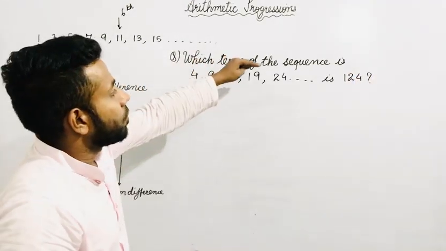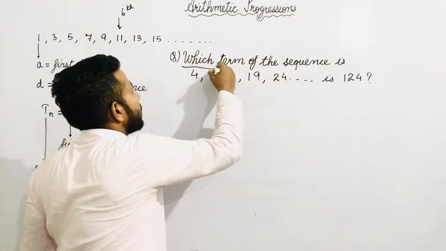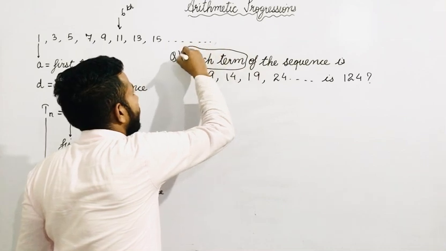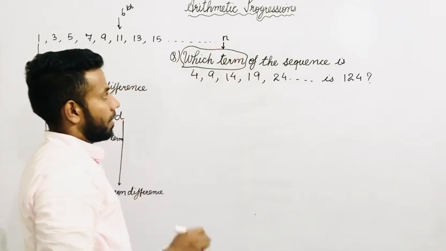So which term of the sequence is 124? Which term means you have to find the value of n.